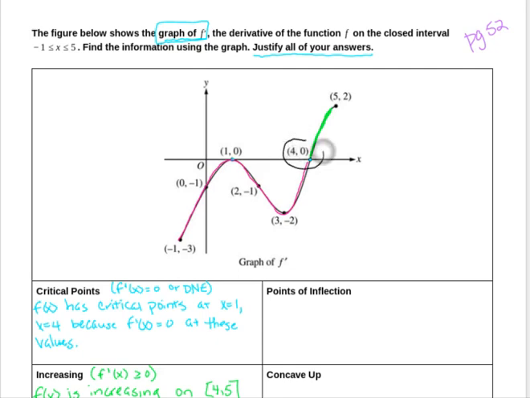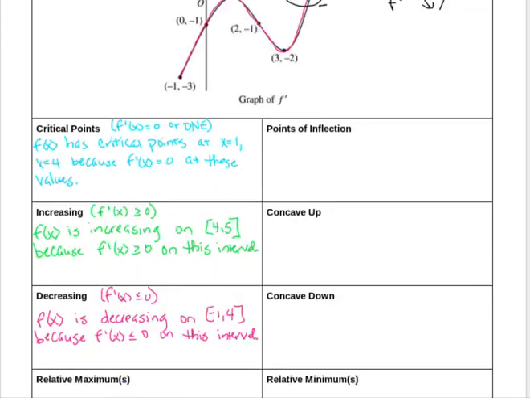At x equals 4, however, f prime of x changes from negative to positive. So f prime was negative, the function was decreasing, and then it changed to positive, the function started to increase. That means we have a relative minimum there.